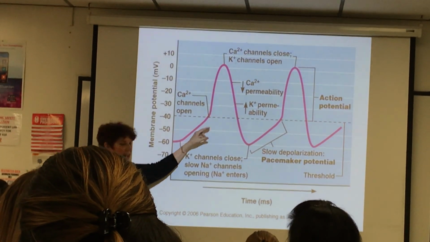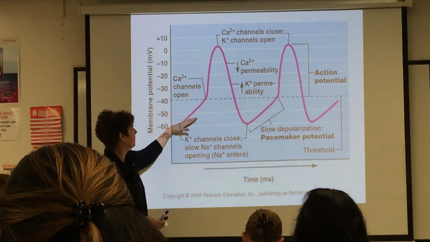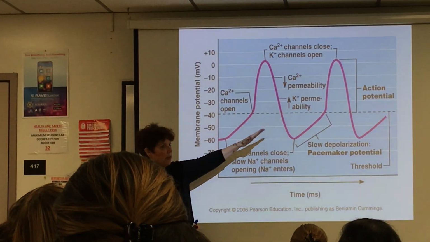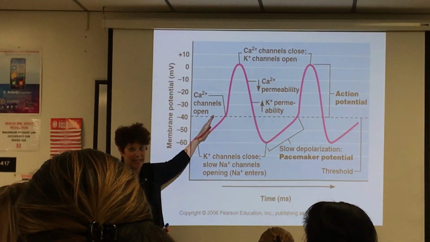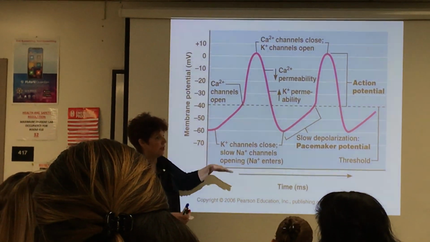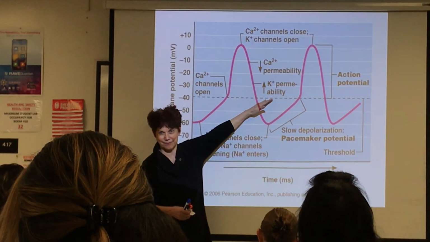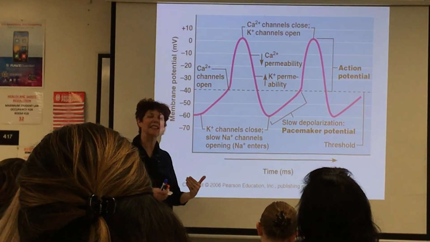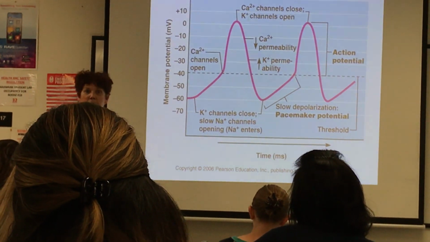A graded potential. If we're looking at the effect of the sympathetic nervous system, to have more beats per minute, we have to cause this to take place in a shorter period of time. To have a slower heart rate, we have to cause this to take place over a longer period of time. That's a graded potential. Okay, it's gaining positive ions more rapidly, or it's gaining positive ions more slowly.